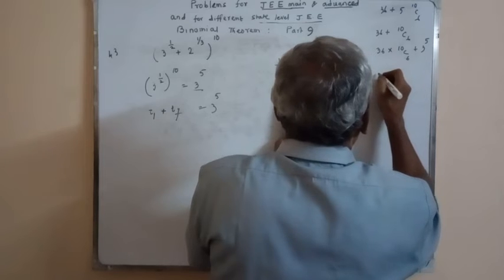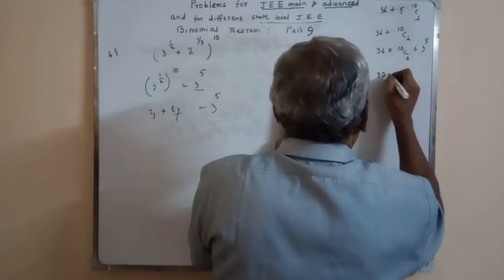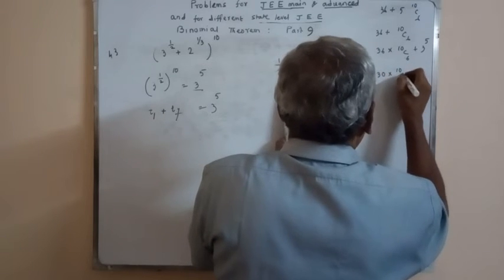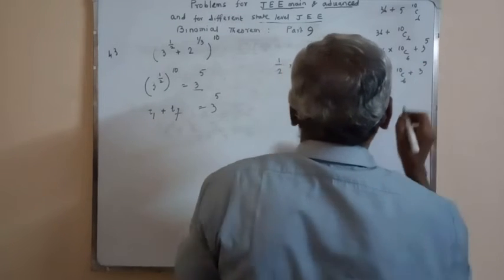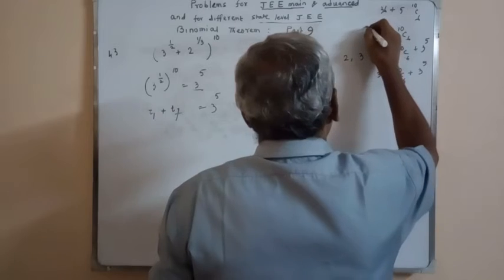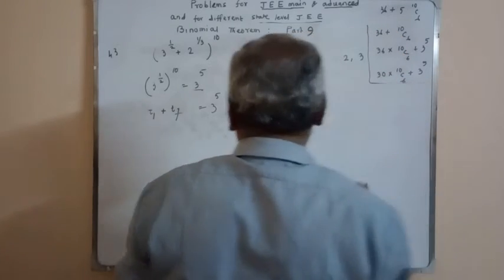Next one is 30 into 10C6 plus 3 to the power 5. So these are the options.